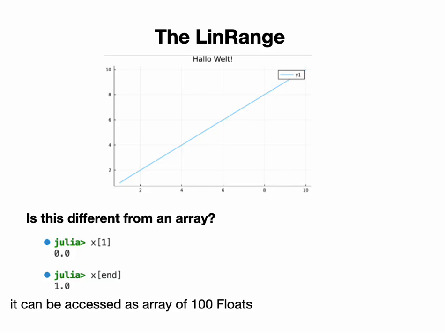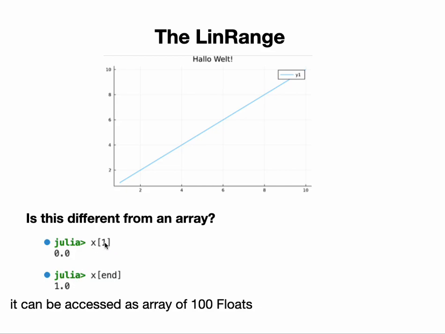The question is, in the last lecture we discussed arrays, and you may wonder what is the difference between a range and an array. The range only works with regular sequences of numbers which have a constant step, but you can access it the same way as an array. So if you type x of 1, it will be 0, and x of n, it will be 1.